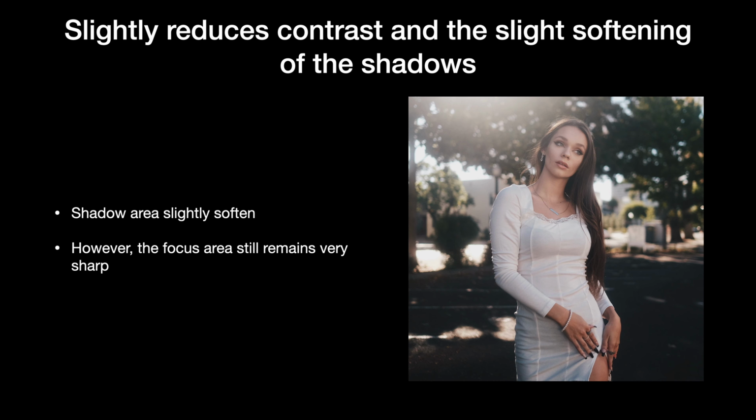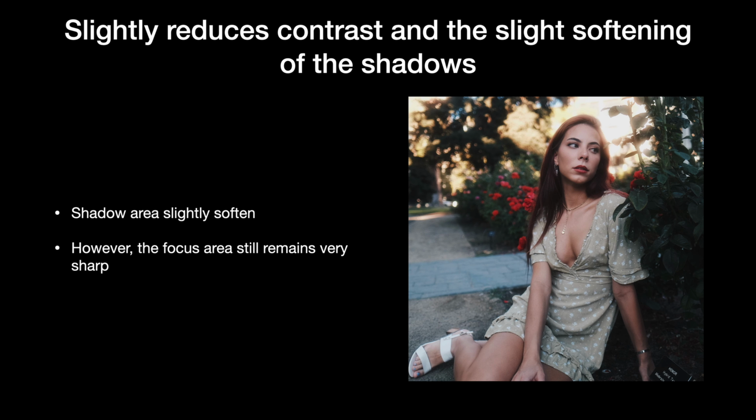That's one of the good things. And then you can see this one has slightly different bokeh. The bokeh is smaller because this is 23mm versus the 35mm in the previous shot. The highlight area and the shadow are slightly softened, and the highlight area will be a little bit stronger. And this one I want to demonstrate the focus area.